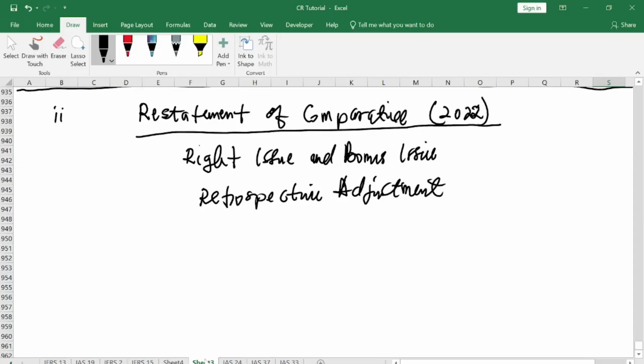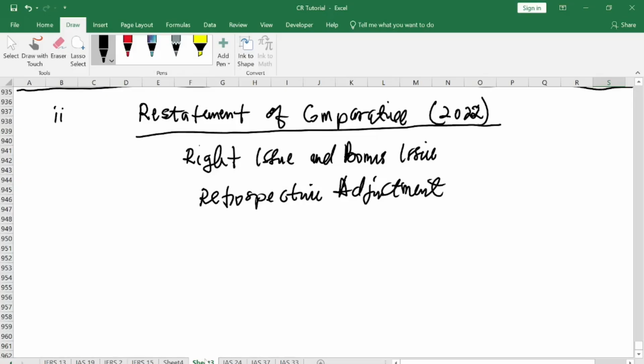So for that reason, in 2023, rights issue and bonus issue were issued, and in 2022, they weren't. So if you have basic earning per share for 2022 and basic earning per share for 2023, comparing the two will be mismatched, because it is not a fair representation of what happened in 2022 compared to 2023, because the weight for the shares in 2023 was weighed differently to 2022.